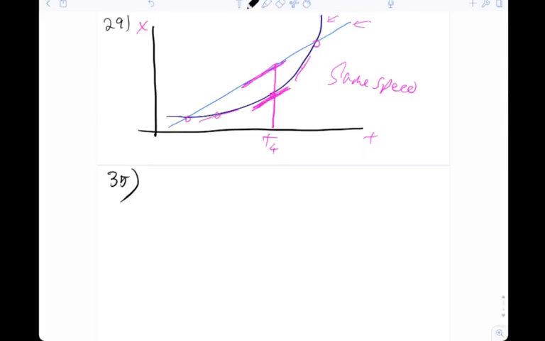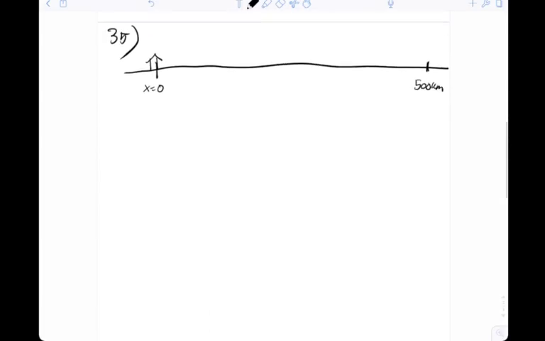So let's see. Let's start by drawing a motion diagram. So this is my home at x equals 0. And this is my grandparents' home. And they live at x is equal to 500 kilometers. Let me scroll up the screen here. Okay.